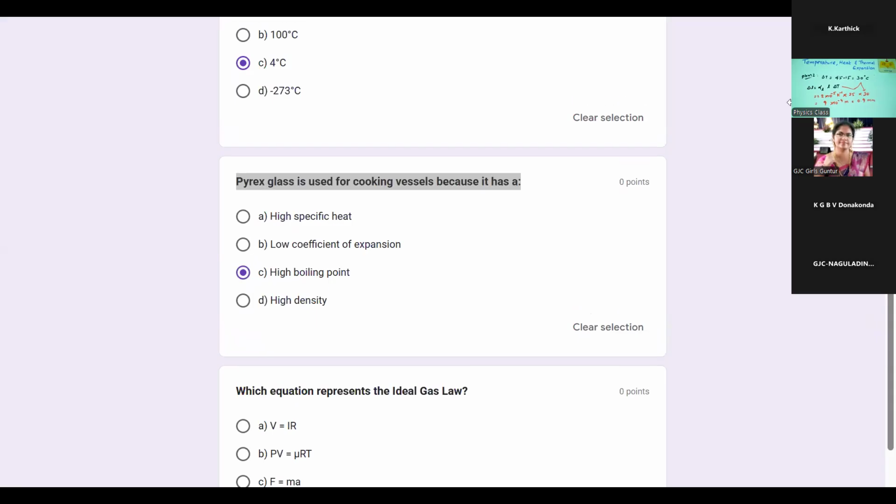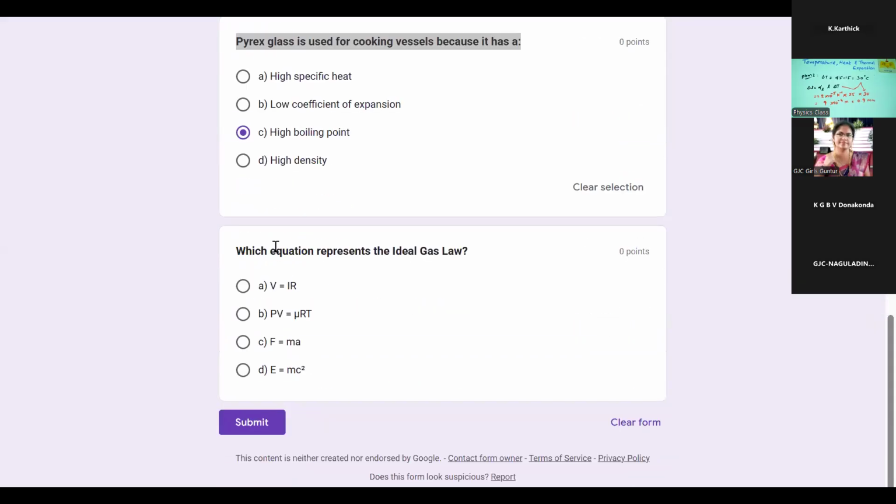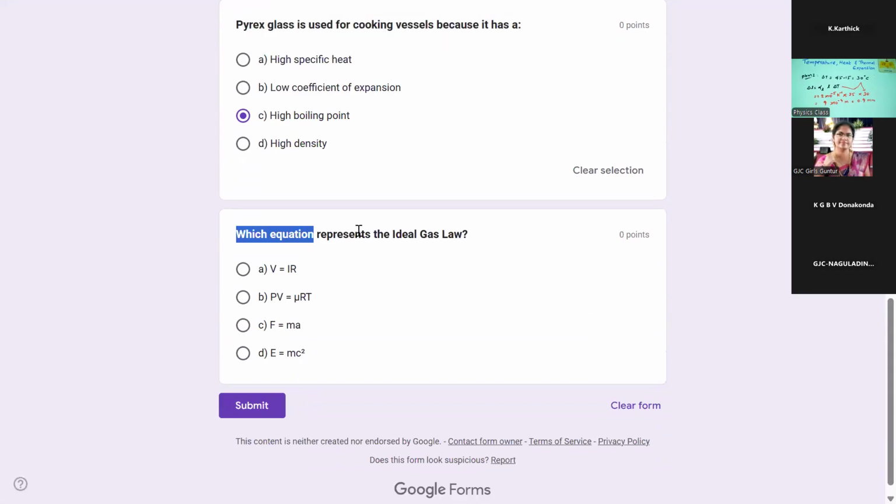Okay, good. And the final one, which equation represents the ideal gas law? Which equation represents the ideal gas law? B. Good.